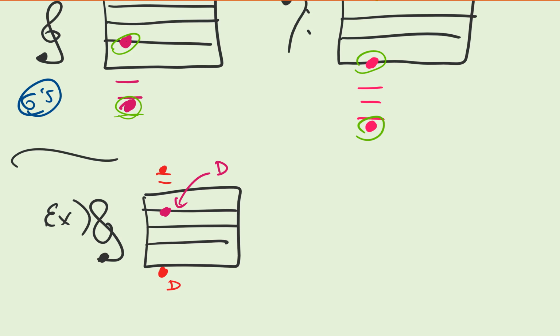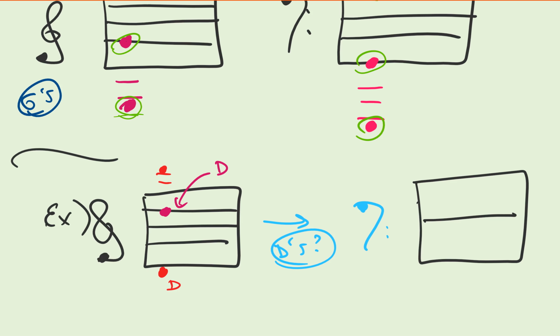So if I want to transpose this and ask where the D's are on the bass clef, then I would just transpose all those notes down one ledger line. Therefore, my highest D would be here, my next D would be here, and my next D would be here.